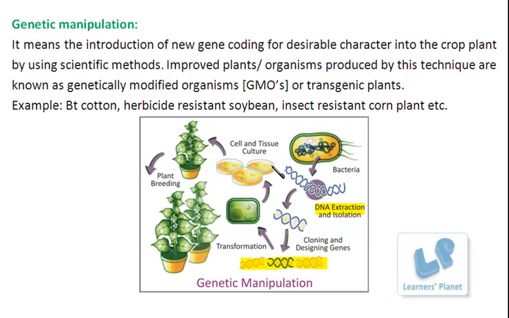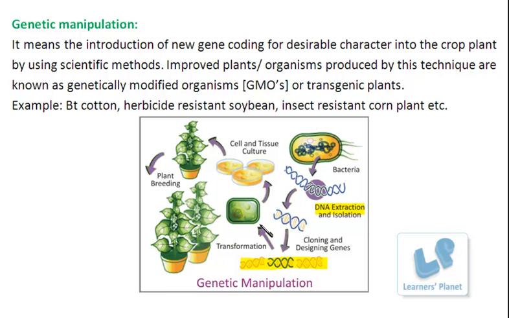Further, these plant cells are grown in tissue culture labs, right? And then new plants are developed from these tissues. Then they are allowed to breed in the natural way. So this is one of the ways. Another way of introducing new genes into plants is by the physical or chemical method. For that, the new genes are introduced by injecting them directly into the plants or plant cells and growing them by tissue culture techniques.